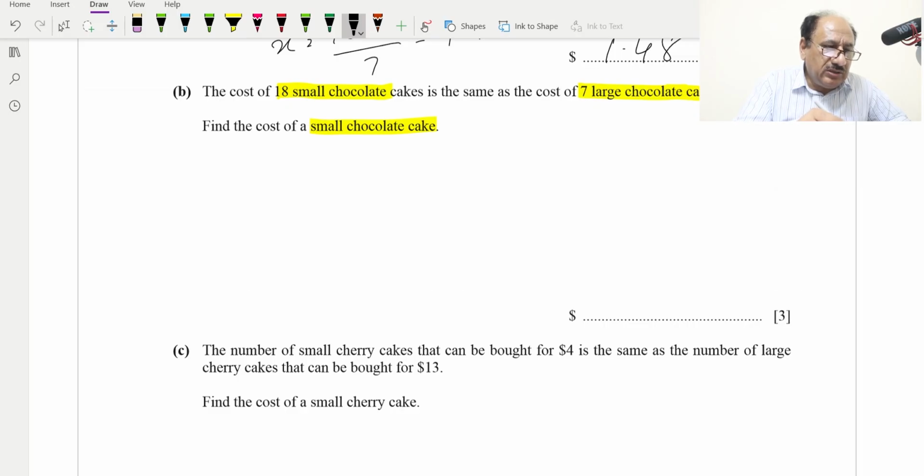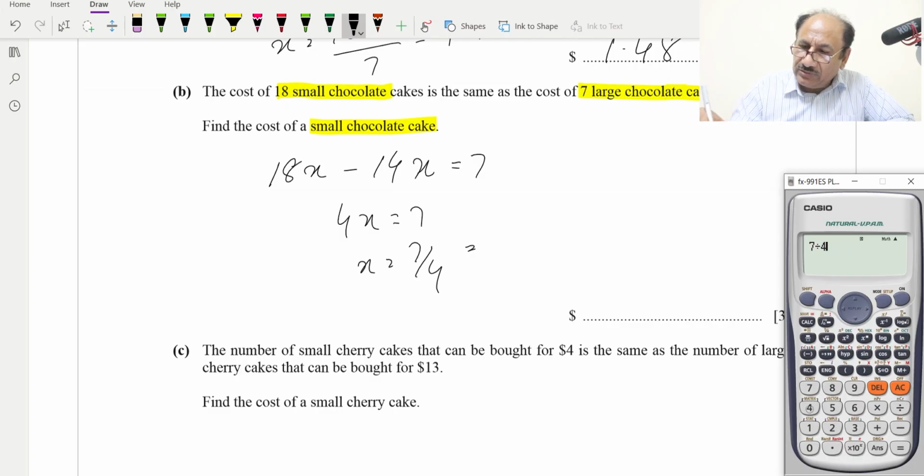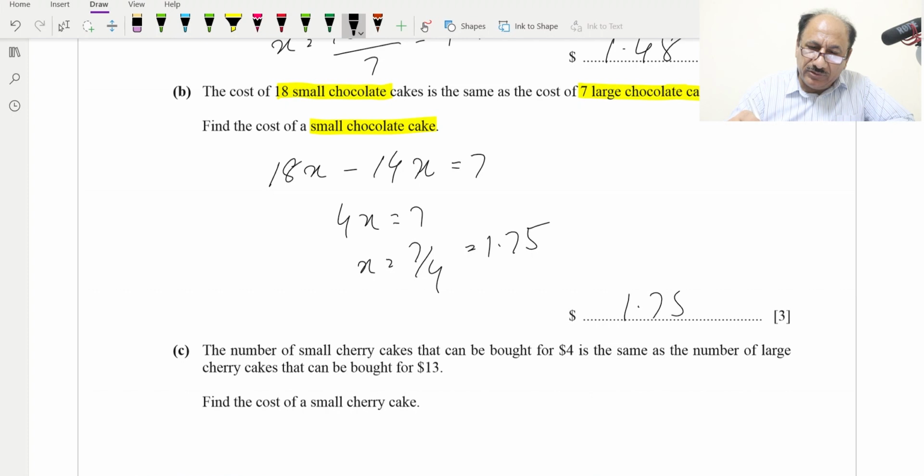We can form the equation: 18 small cakes means 18x, and 7 large cakes means 7 times (2x plus 1), which gives 14x plus 7. So 18x is equal to 14x plus 7. Simplifying, 4x is equal to 7 and x is equal to 7 over 4, which is $1.75.